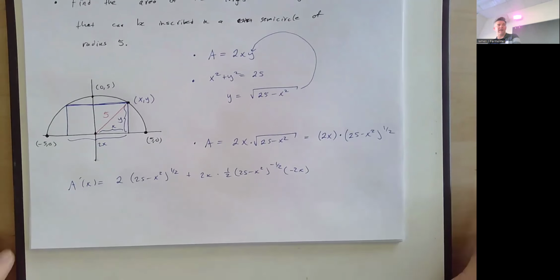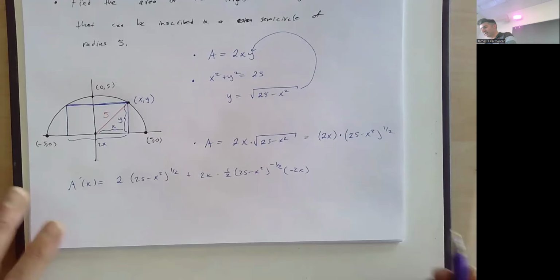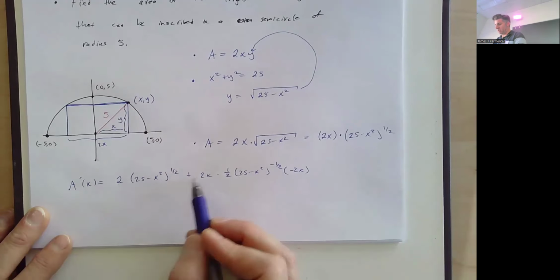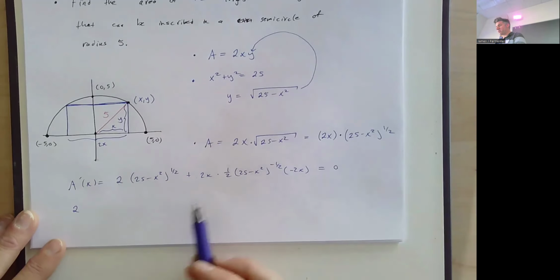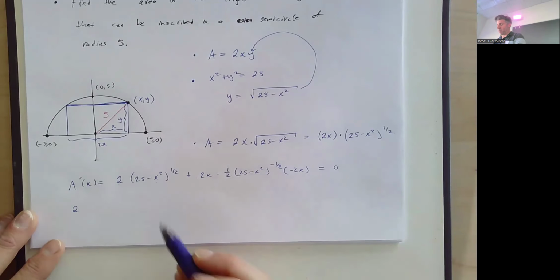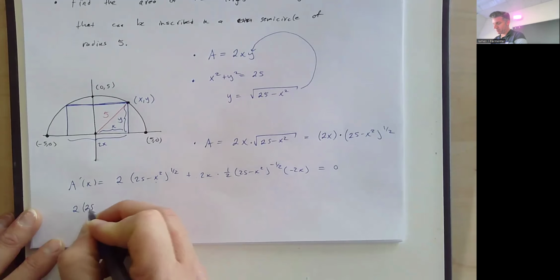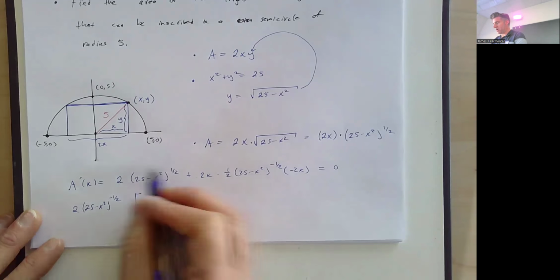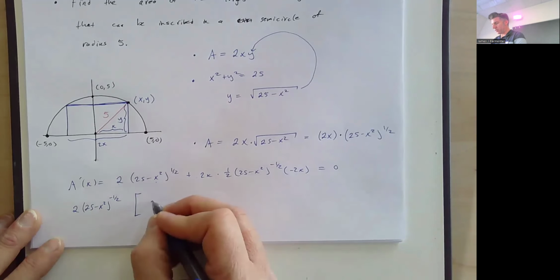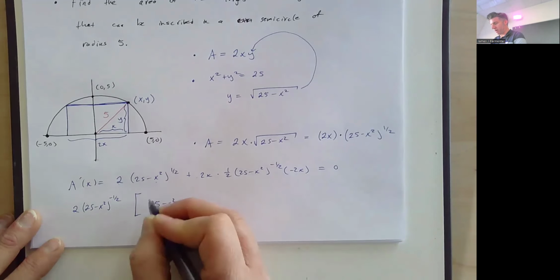Here is where our factoring skills need to really be strong. So I need to simplify this, and I see that I can factor out the 2 from each of these. So I'm trying to set this equal to 0. I can also factor out the (25 minus x squared) to the negative 1/2. Here, I'm left with a (25 minus x squared) to the positive 1.